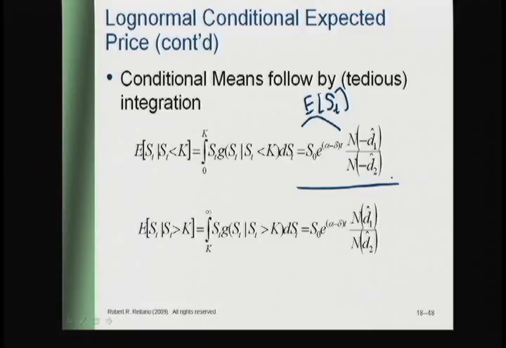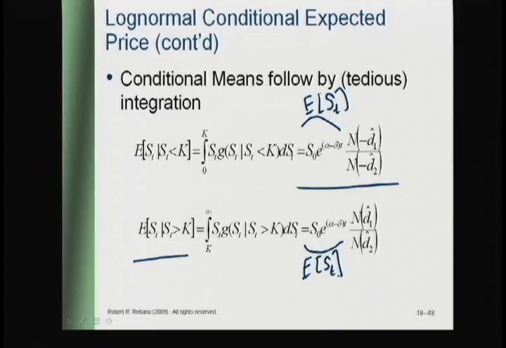And D1 and D2 are defined just as they are in Black-Scholes, but we're using alpha instead of R. Similarly, the expected value of S, conditional on S being bigger than K, is again the original mean of the S distribution multiplied by a different ratio of N of D values.